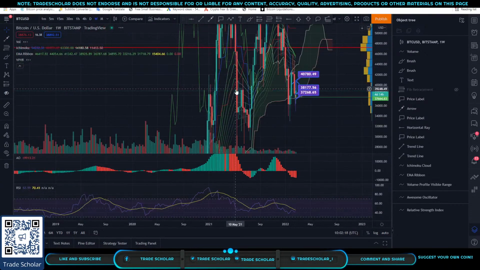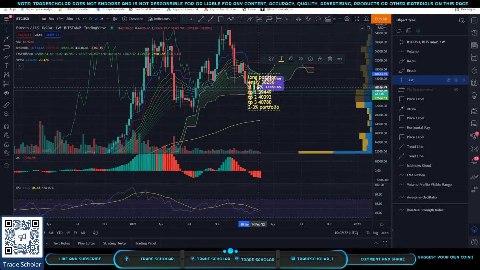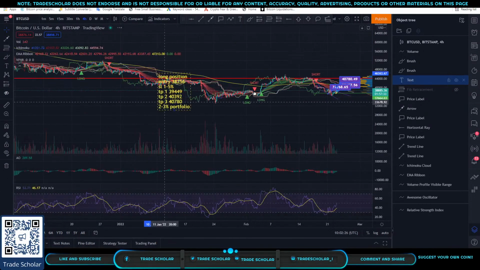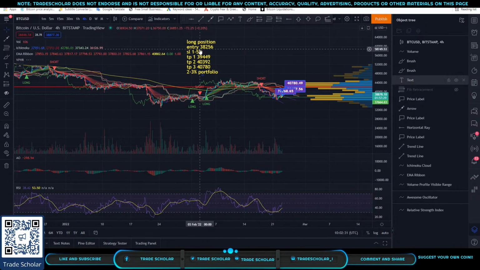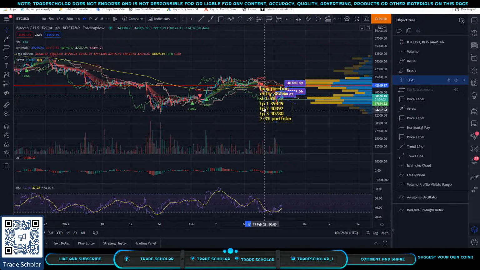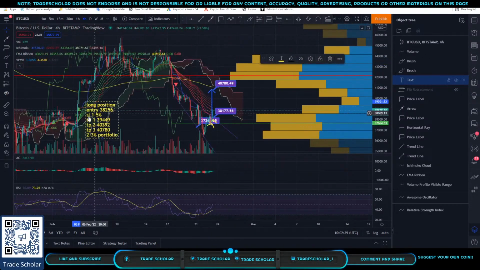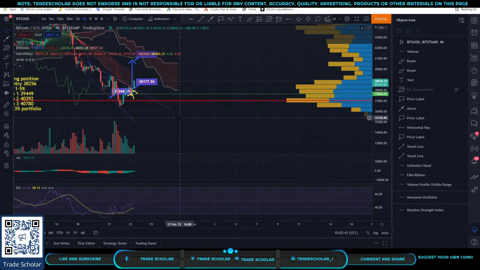Weekly. Here. Let me bring it to the middle, and then 4-hour. Okay, here's the signal I provided. The entry is 38256. I gave this signal for this breakout here, long position.